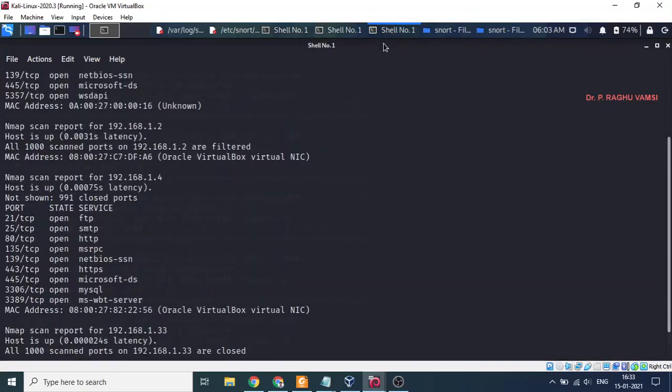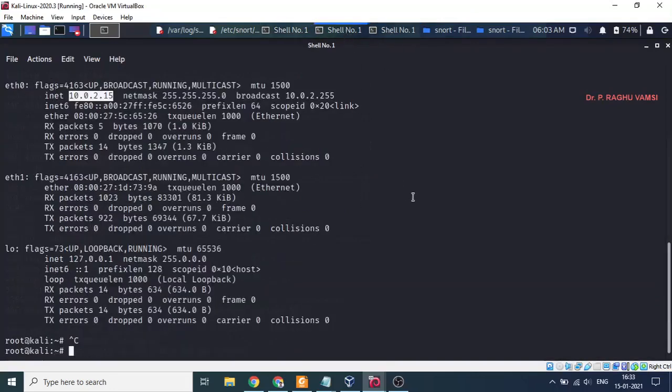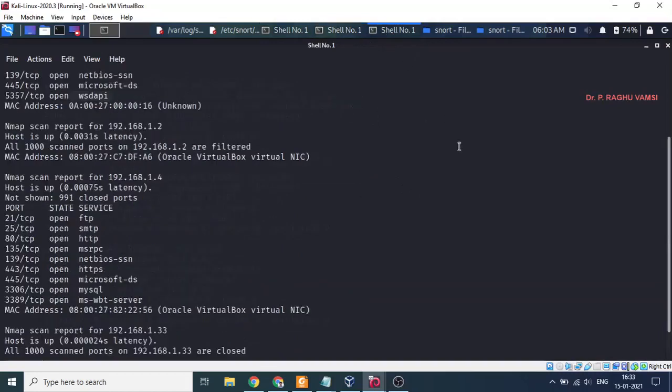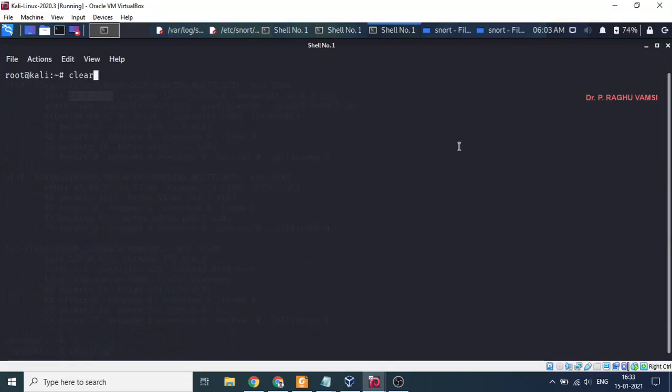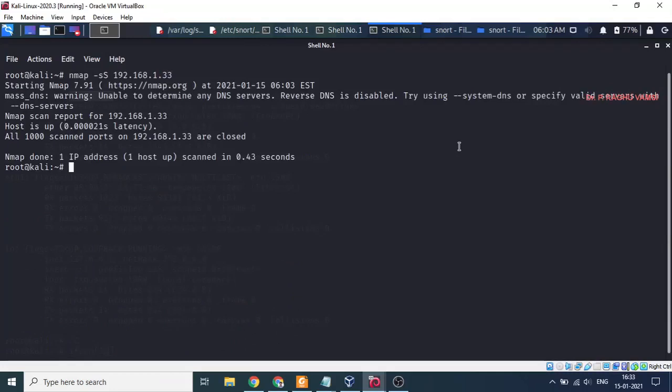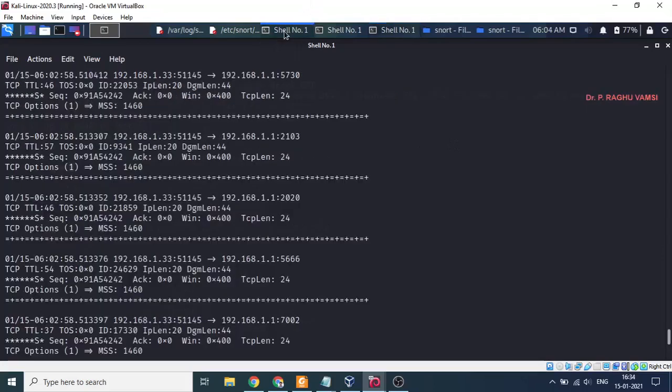What we do is we'll try to run again on 1.33. So all ports were closed on XP on the Linux or Kali Linux.